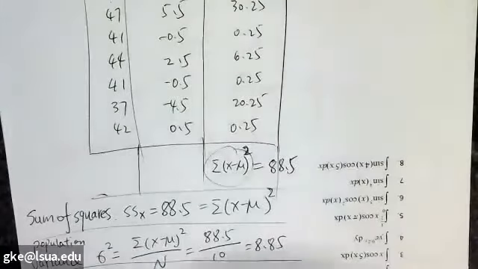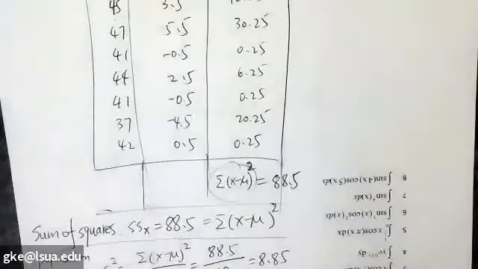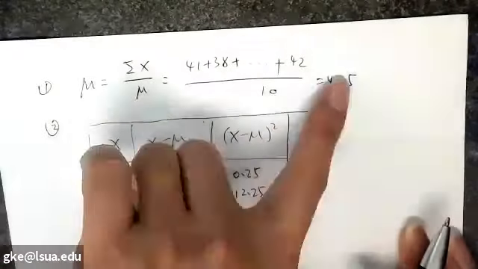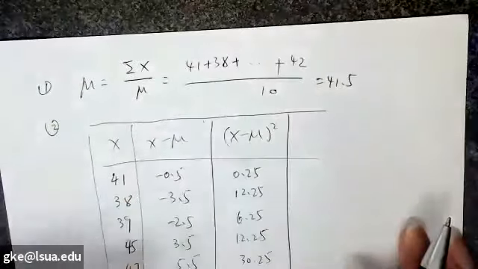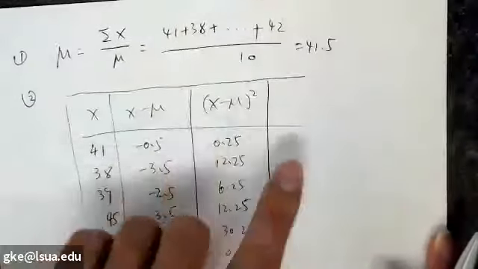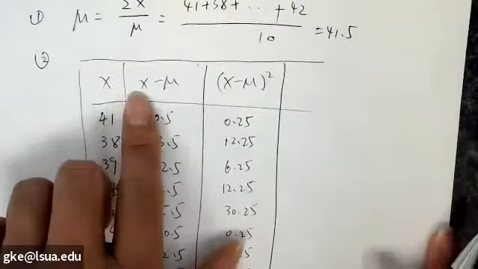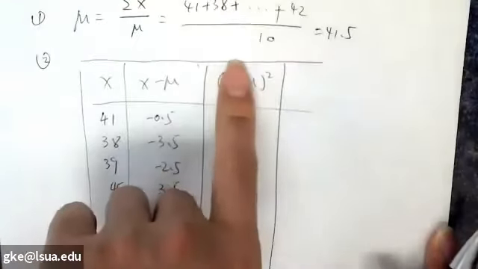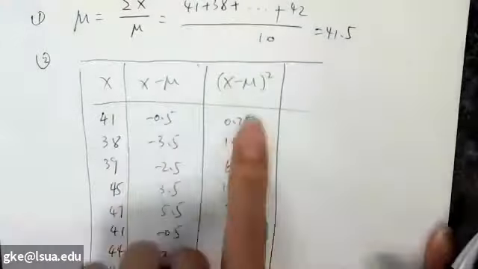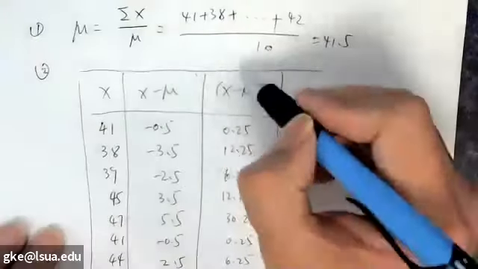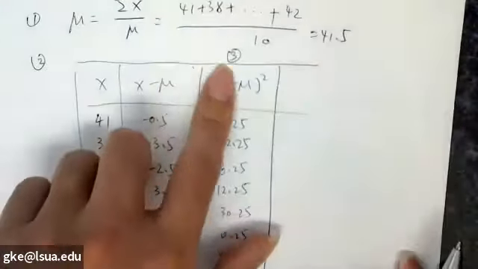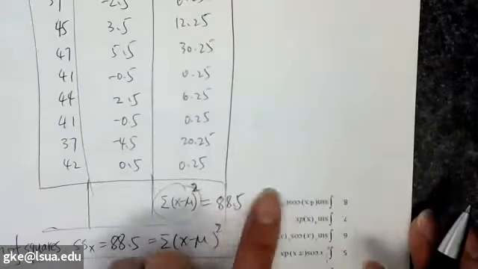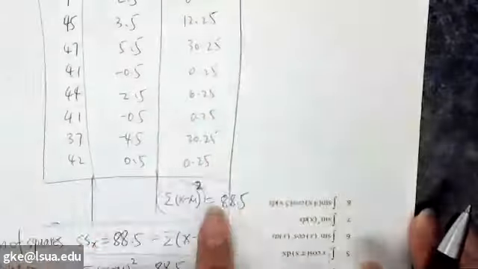So how many steps we have? Let's take a look. I assume the mu is the first step. After you calculate the mu, you're gonna calculate the deviation. That's the second step. And the third step, the square. Then do the summation of this column.